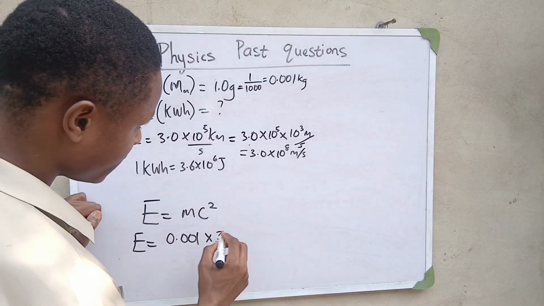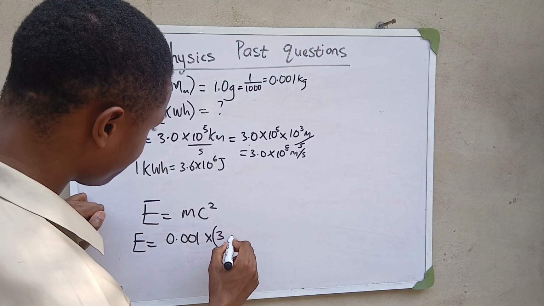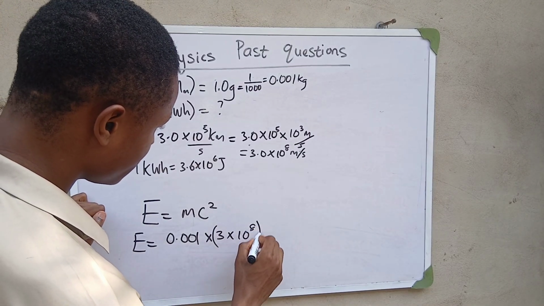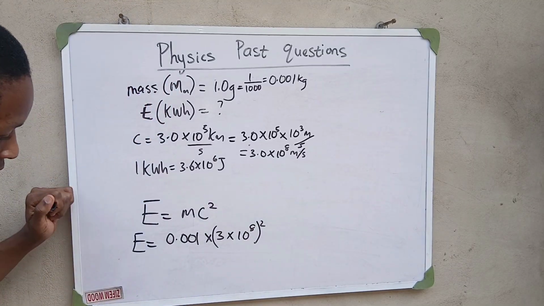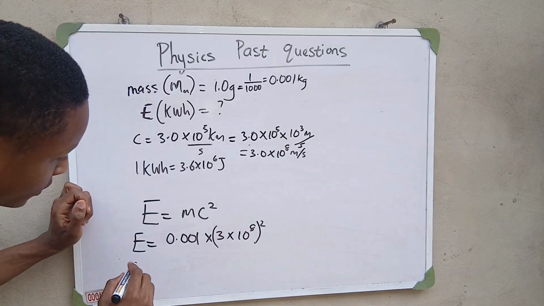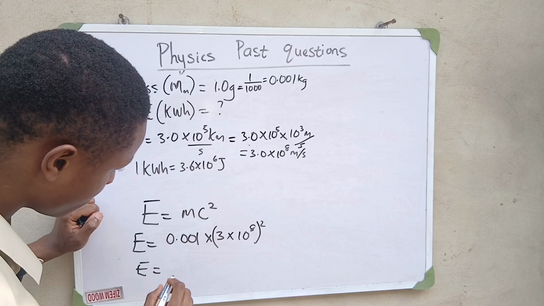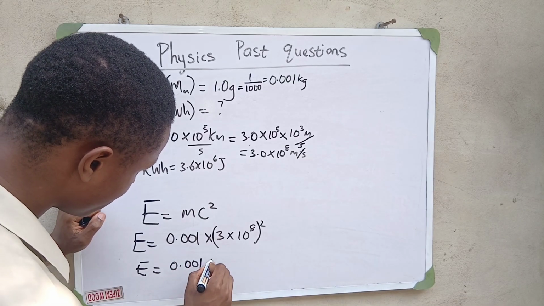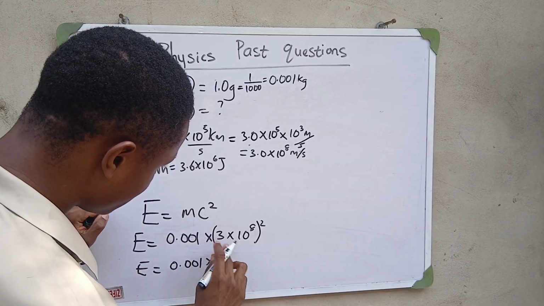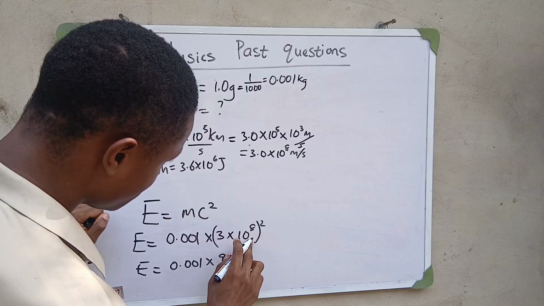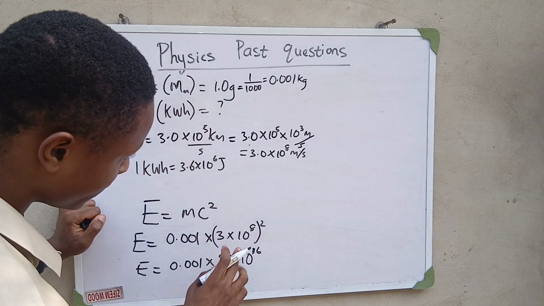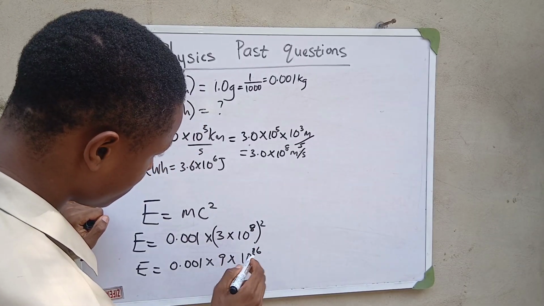So this is 3 times 10 raised to power 8, all squared. So our energy is equal to 0.001 times 9, since 3 squared is 9, times 10 raised to power 16, because 10 raised to power 8 squared gives 16.